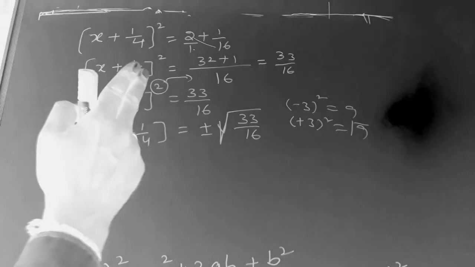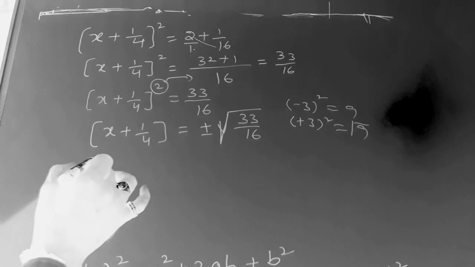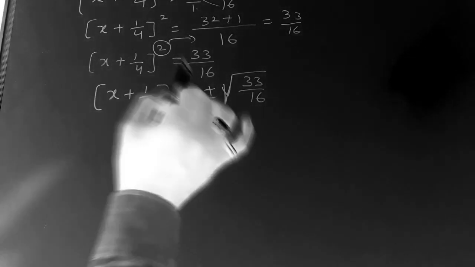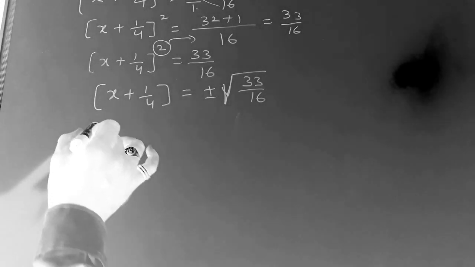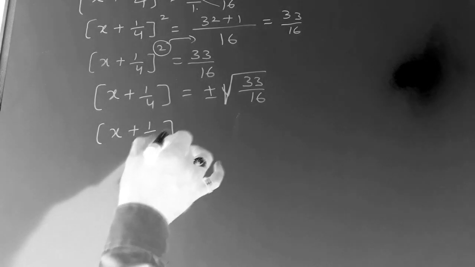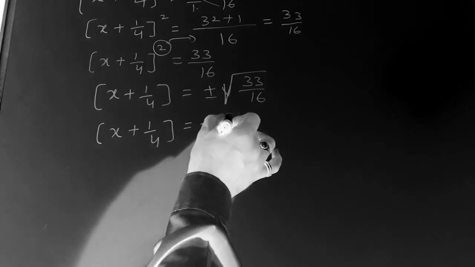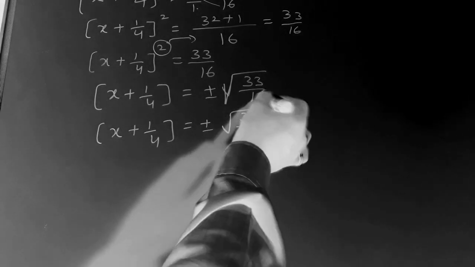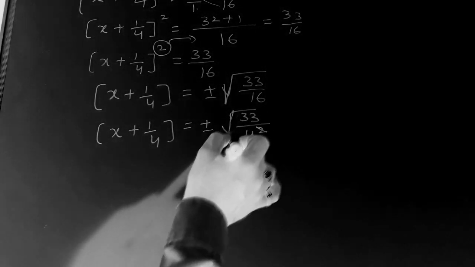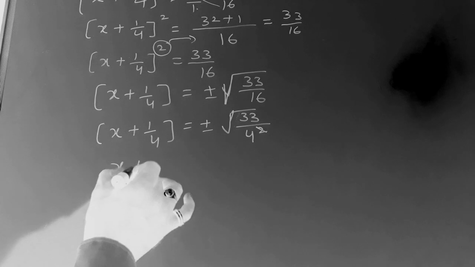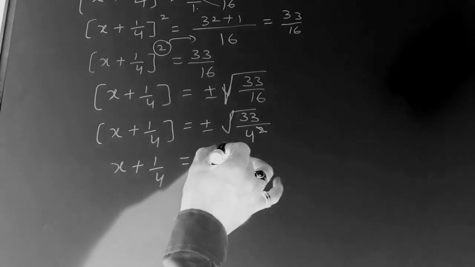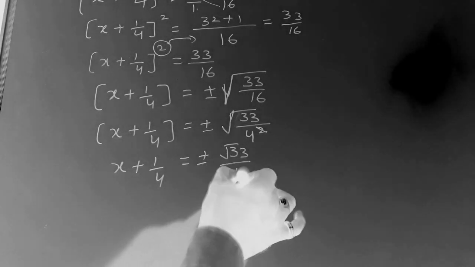That's why we are keeping plus or minus. So now we see over here x plus 1 by 4 is equal to plus or minus under root 33 by 16, that is nothing but 4 square. Square and root get cancelled for 4 here. Finally we will get x plus 1 by 4 is equal to plus or minus root 33 by 4.